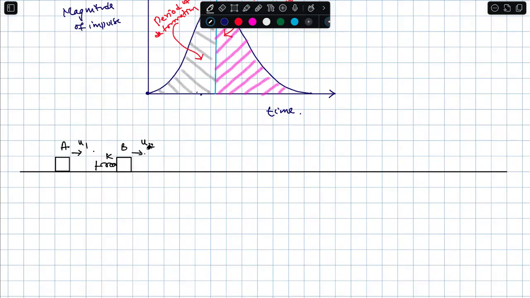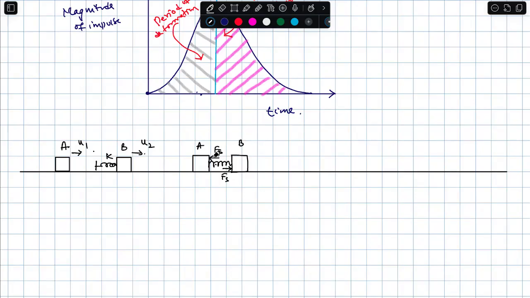After some time, what happens? A will come in contact with B, not directly B, the left portion of the spring. Till that point, spring is relaxed. At some point of time, the spring will be in the state of compression. So because of the compression, the spring will exert a force Fs in this direction on A and Fs in this direction on B. This is A, this is B.